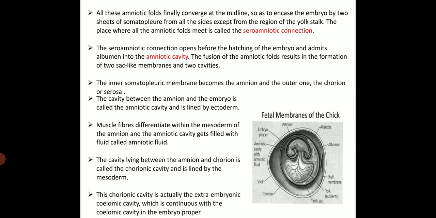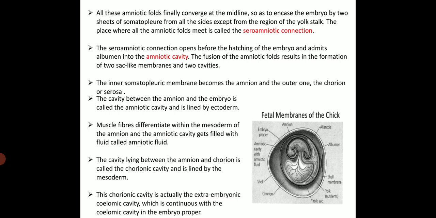Muscle fibers differentiate within the mesoderm of the amnion, and the amniotic cavity starts to fill with fluid, which we call amniotic fluid. The cavity lying between the amnion and the chorion is called the chorionic cavity, and it is lined by the mesoderm. This chorionic cavity is actually the extra-embryonic coelomic cavity, which is continuous with the proper coelomic cavity in the embryo proper.